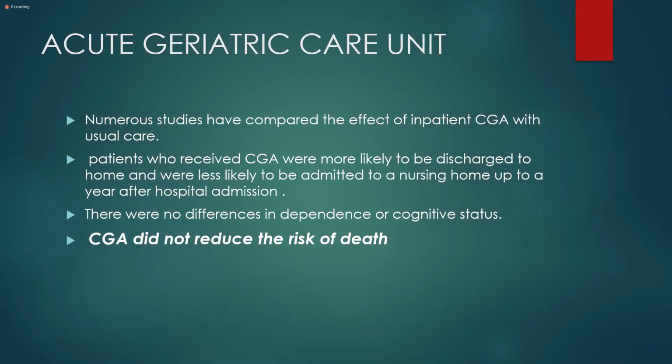Although no difference was seen in functional activity and cognitive status of the patient after discharge when doing CGA during admission in the geriatric unit. It was also found that CGA did not reduce the risk of death.